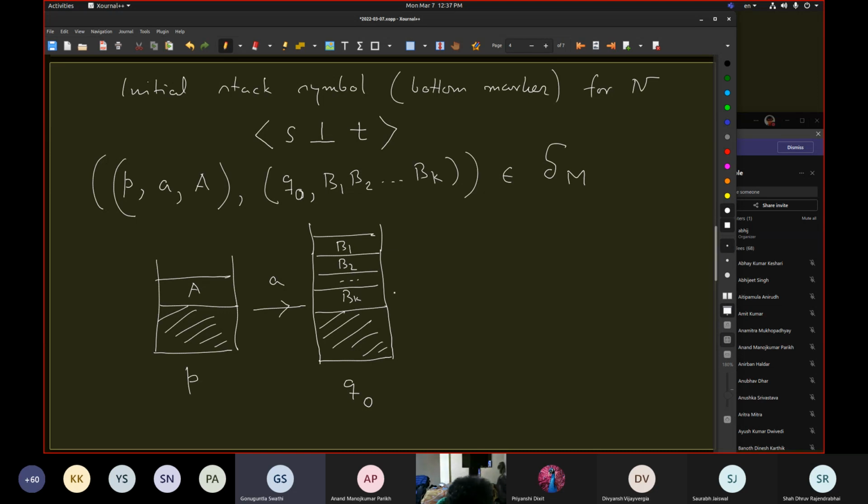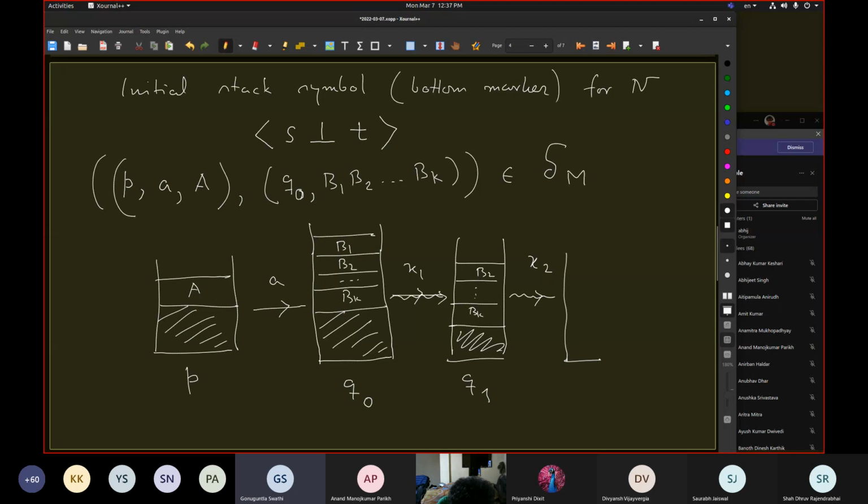So this means after reading some string x1, this machine can get rid of B1. This is still unchanged. Maybe at that point, the machine is in state Q1. And then after reading some string x2 from the input, it will get rid of B2.